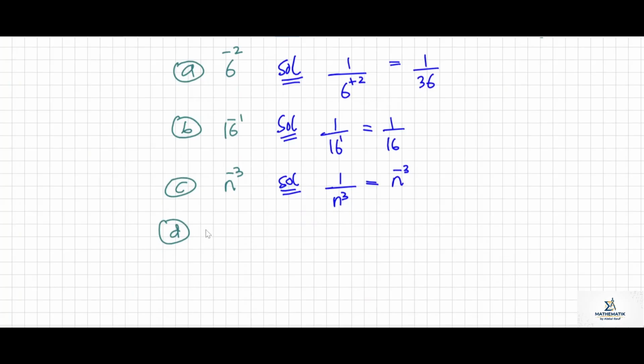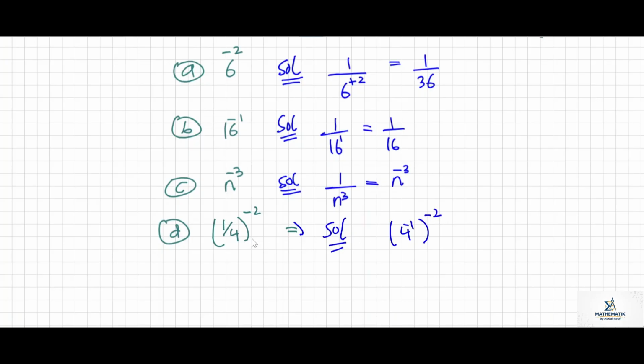Part D, what does part D say? 1 divided by 4, raised to minus 2. So when we have 1 divided by 4 raised to minus 2, first let's solve the bracket form here. So 4 raised to minus 1, you can also write it like this, no?